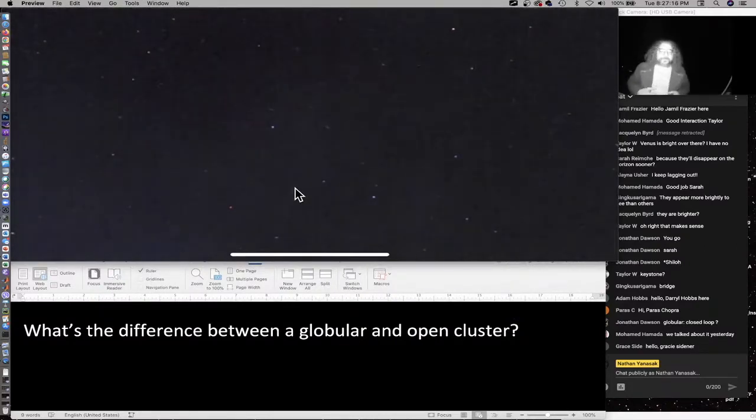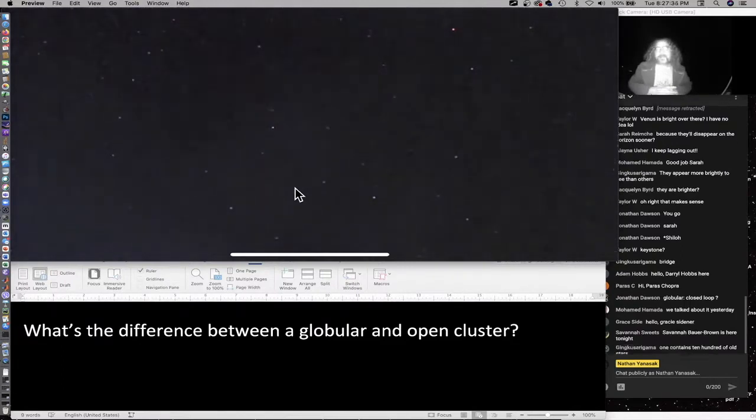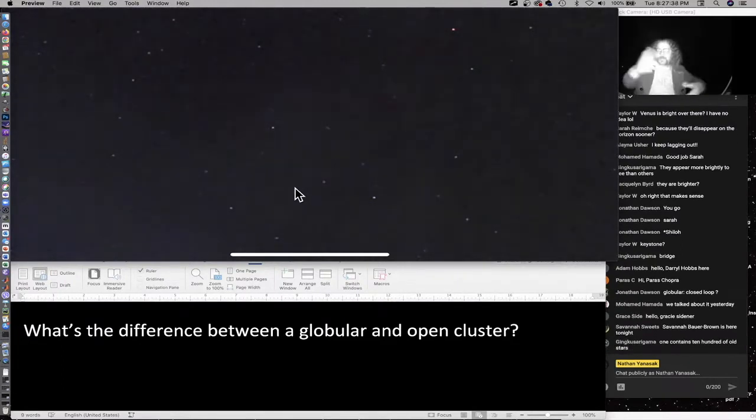Globular cluster? So globular clusters are sort of separate entities. They are kind of primordial formations of stars that tend to circulate around the galaxy by themselves. They hold themselves together. They're attracted to the galaxy, so they're in orbit around the galaxy, but they orbit in this region of the galaxy called the halo, above and below it.